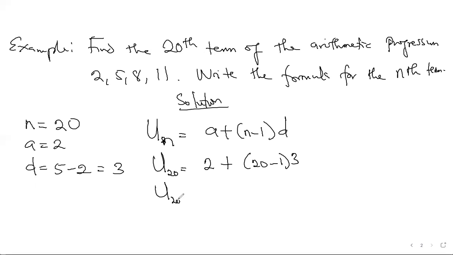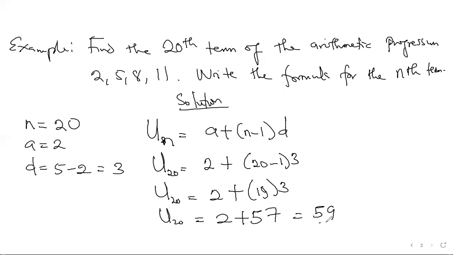So U20 will be 2 plus 19 times 3, which is 2 plus 57, which is equal to 59.